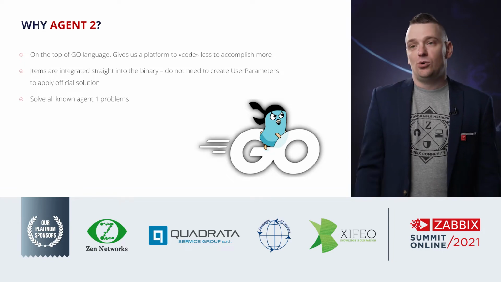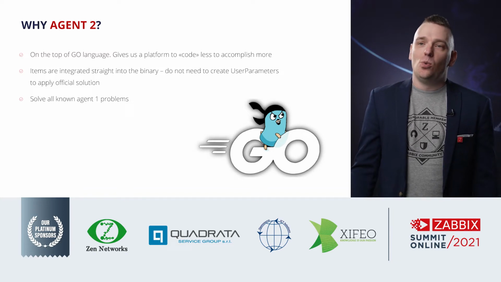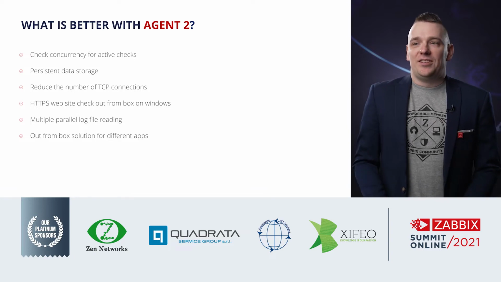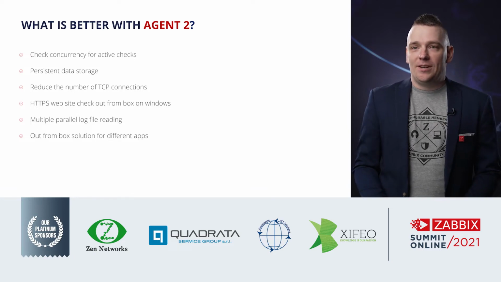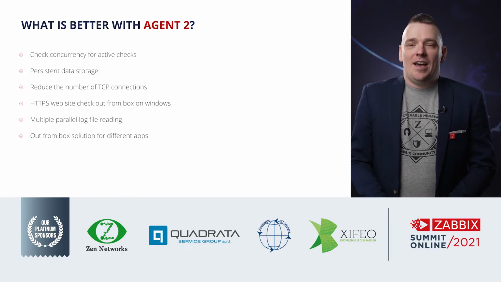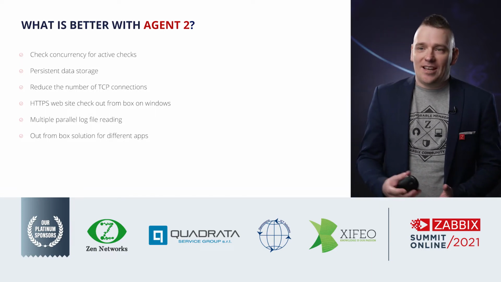Agent 2 also solves some existing known problems with Agent 1, so let's talk about what these improvements are. One is check concurrency for the active checks. And persistent data storage, that's a huge one.